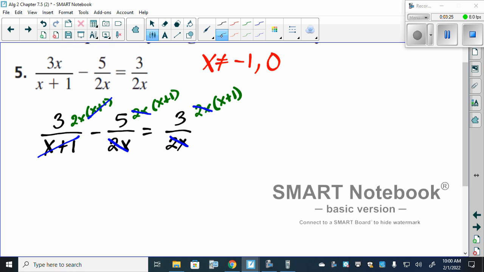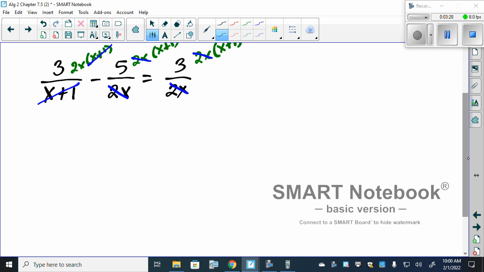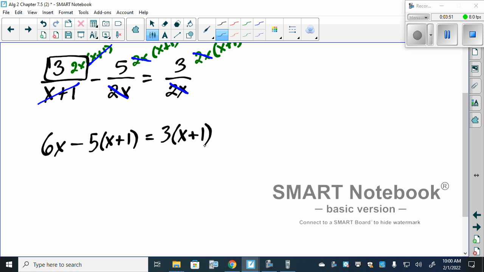And so what that leaves us with is the first one is going to be 3 times 2x. And what is 3 times 2x? 6x minus 5 times x plus 1 is equal to 3 times x plus 1.